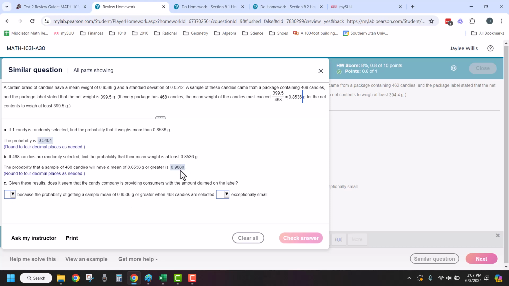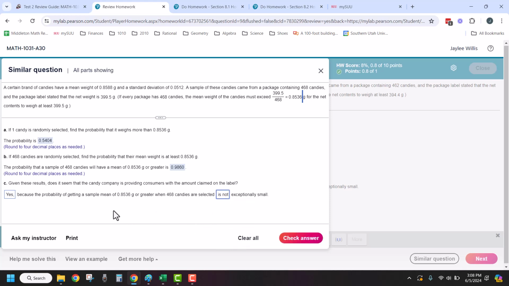And basically what this 98% is saying is the candy company is providing consumers with the amount they're claiming, because 98% of the time, if you select 468 candies, put them in a bag, it is going to weigh at least the amount that they said. Now, it often will weigh more than that, but nobody's going to complain if they get more candies than what the package claimed.